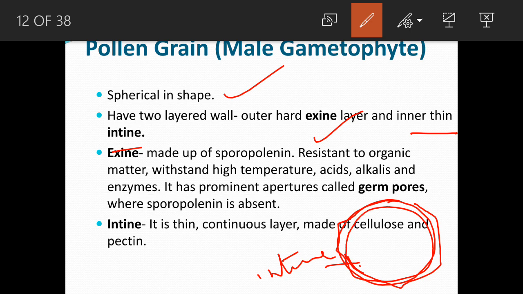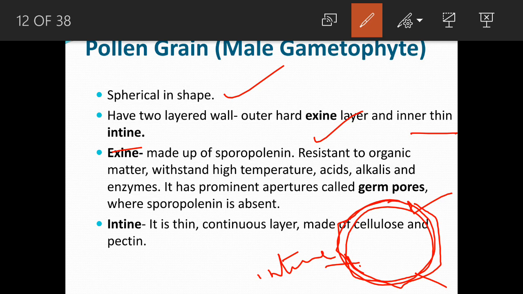The exine is made up of sporopollenin, which is resistant to organic matter. It can withstand high temperature, acids, alkalis and enzymes, and it has small prominent apertures which are known as germ pores, where there is no sporopollenin.